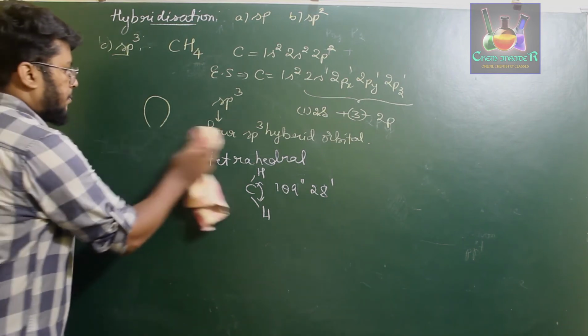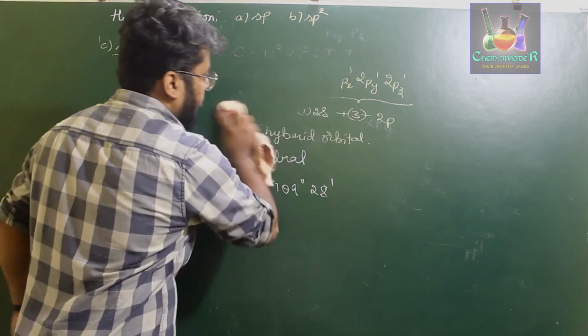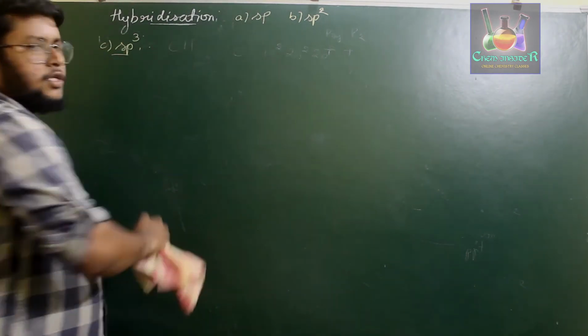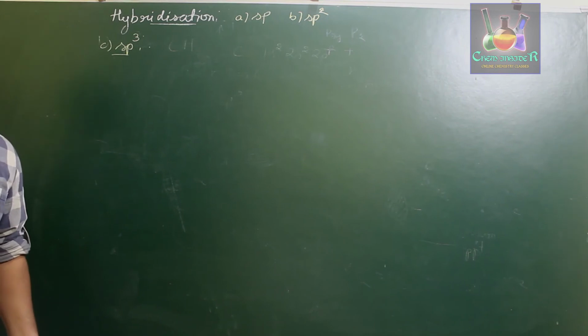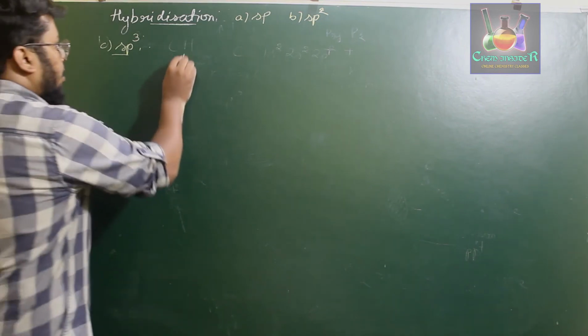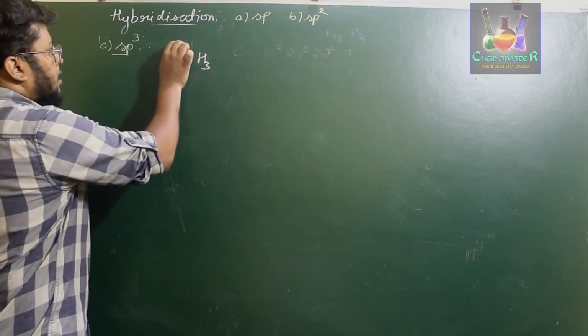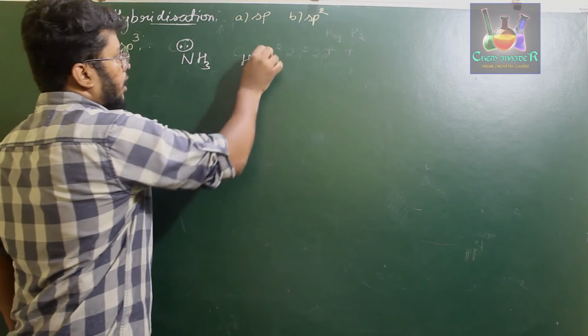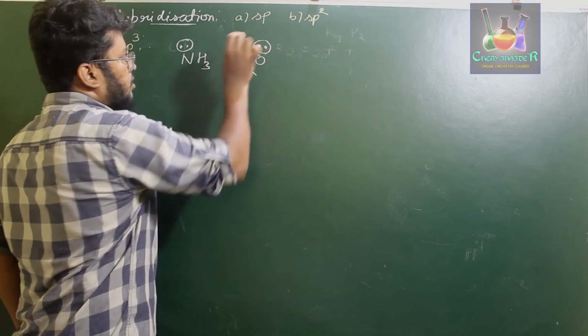That is, for example, the ammonia and water molecules. Ammonia and water molecules each have 1 and 2 lone pairs of electrons respectively on the central atom. Ammonia has 1 lone pair of electrons on nitrogen, whereas the water molecule has 2 lone pairs of electrons on oxygen.